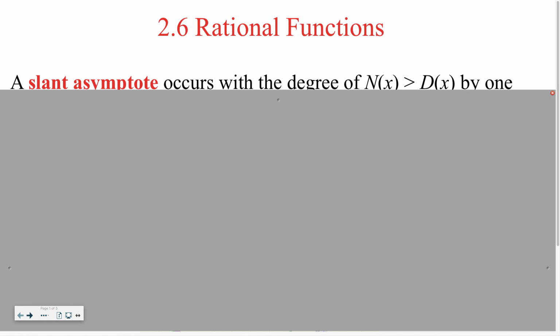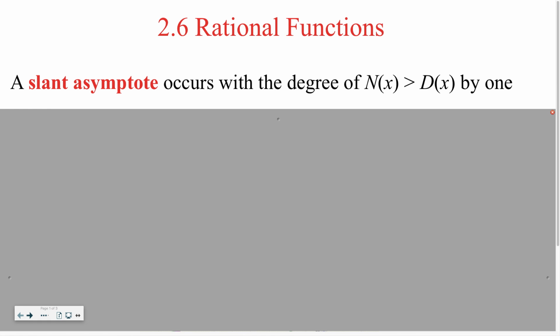Well, we get a slant asymptote when the degree of the numerator is bigger than the degree of the denominator by 1. In general, we say that we have oblique asymptotes when the degree of the numerator is bigger, but specifically when it's bigger by 1, we have a slant asymptote. And that's what we're going to look at today.